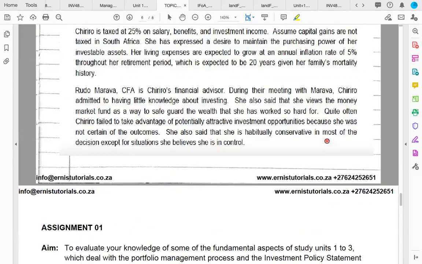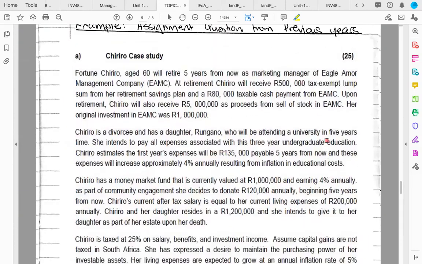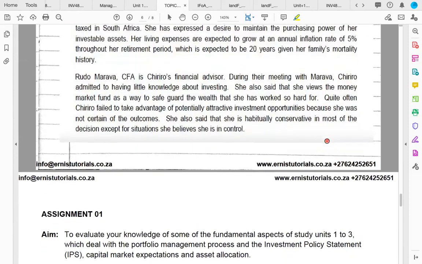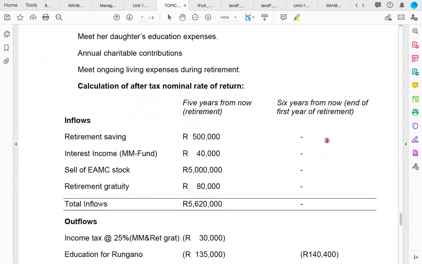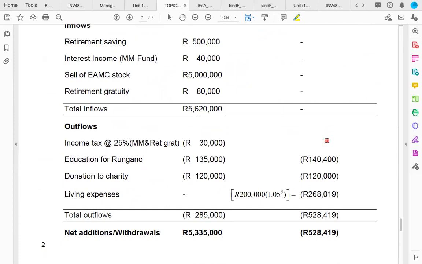Okay. And then we can now look for the flows which are going to occur at the end of the first year of retirement. So at the end of the first year of retirement, she's just going to have to pay again for the education of her daughter.